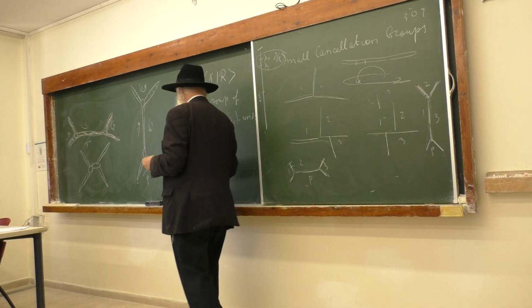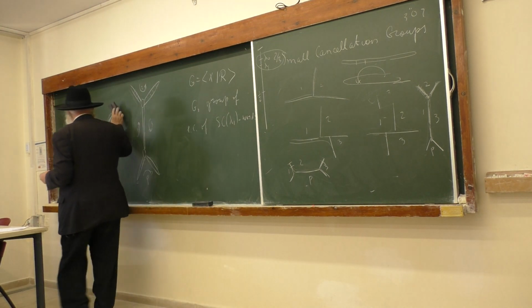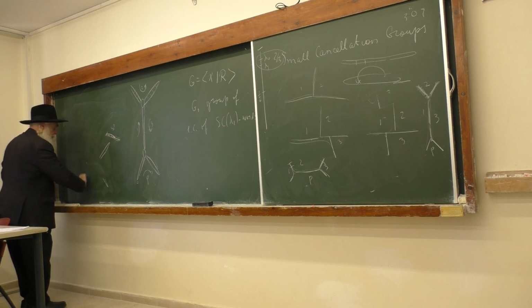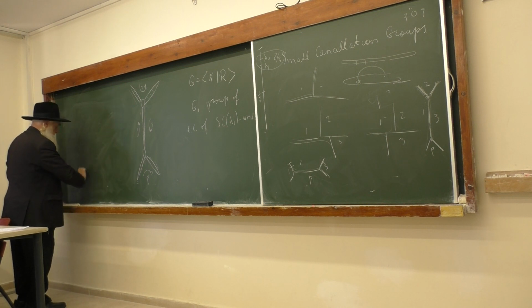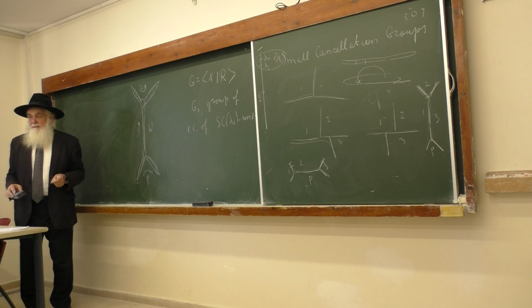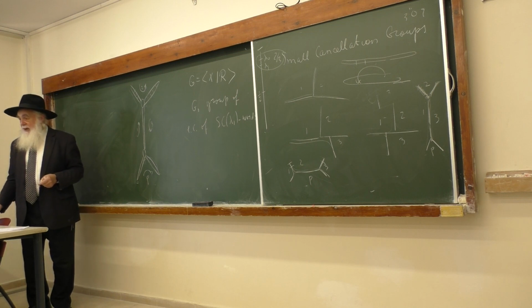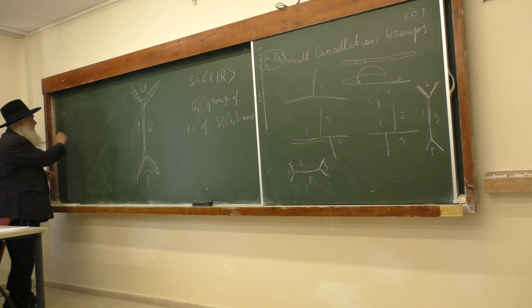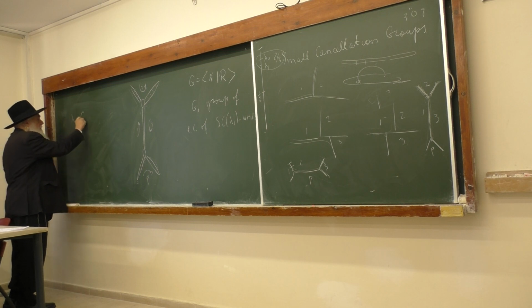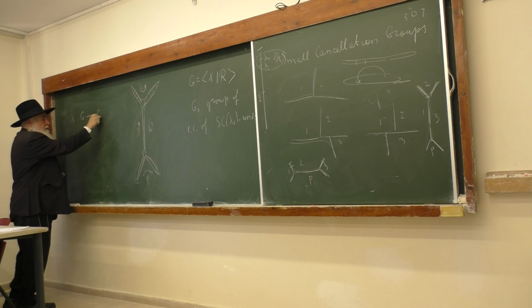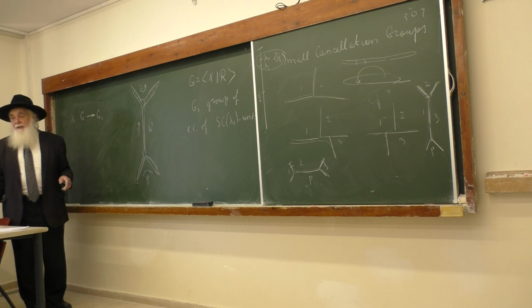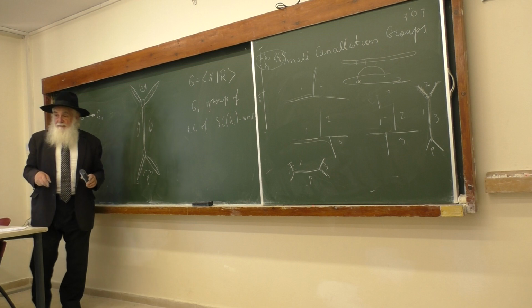Okay, now the question is whether this new group is isomorphic to the original. So we will try to have two homomorphisms, one from G to G1 and the other in the other direction, and check that their compositions are identical on each group.